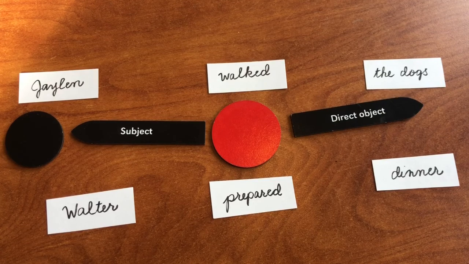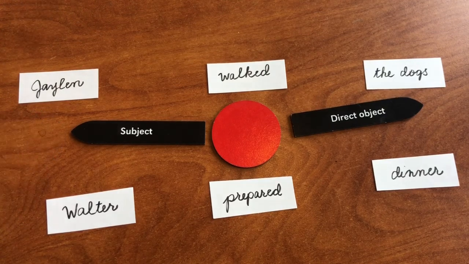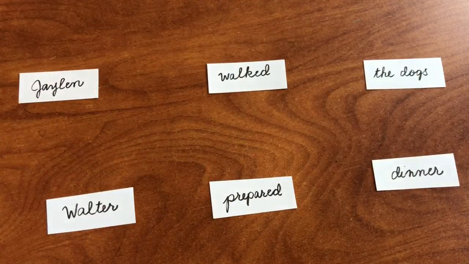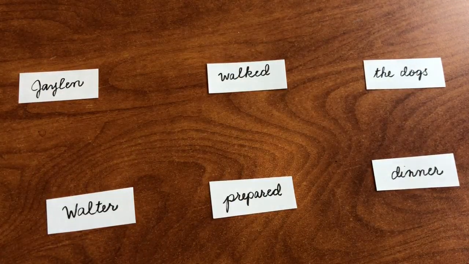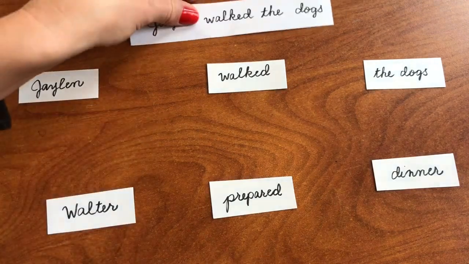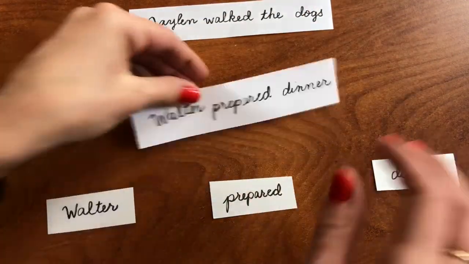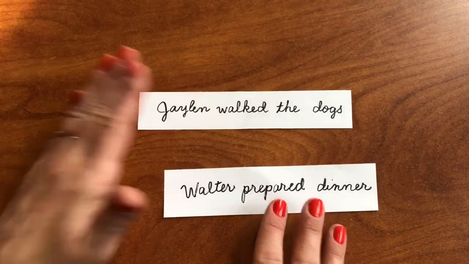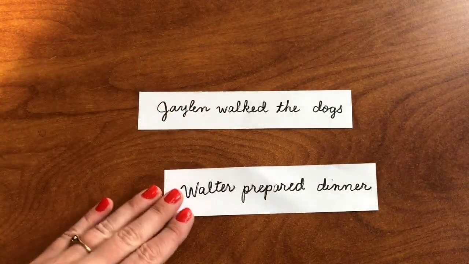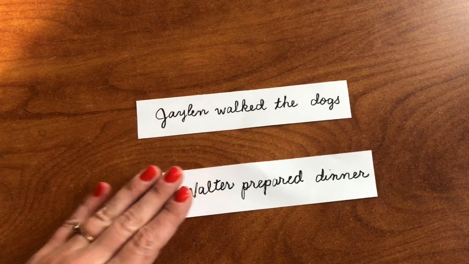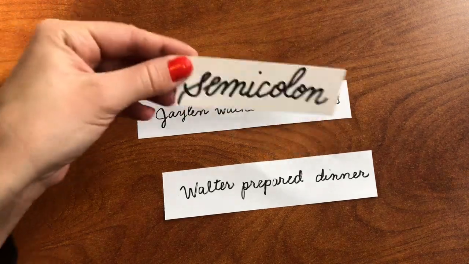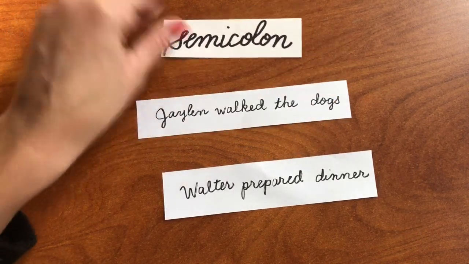All right. So here we have Jalen walked the dogs, Walter prepared dinner. What's one way we could combine them? Well, a very basic, simple way that doesn't have a lot of options would be the semicolon.